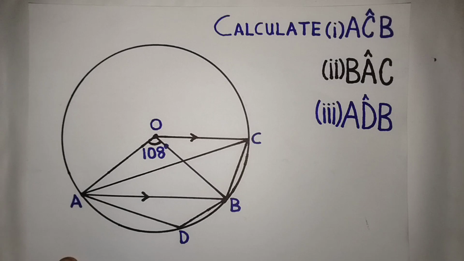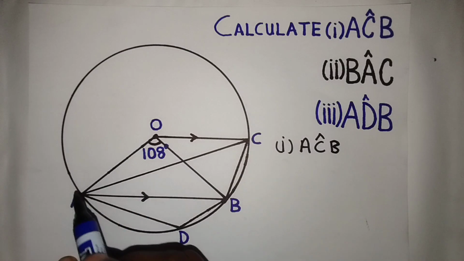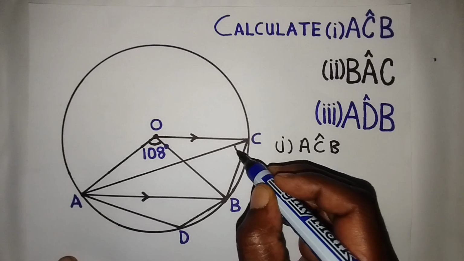So let's proceed and find the sizes of the angles. At first, we want to find the size of angle ACB, which is this one here.